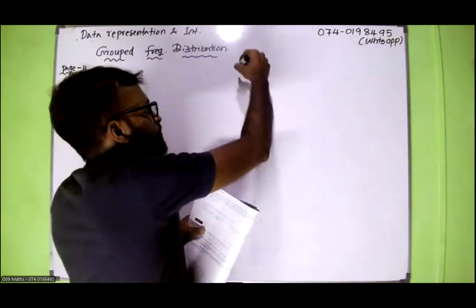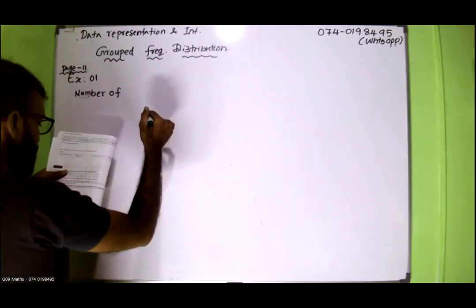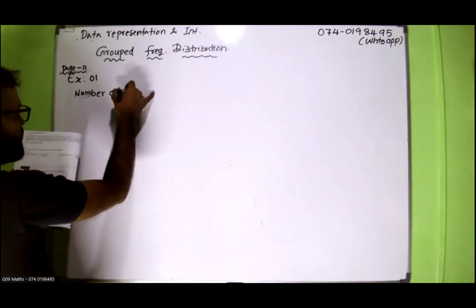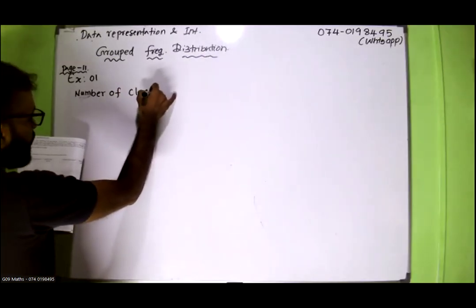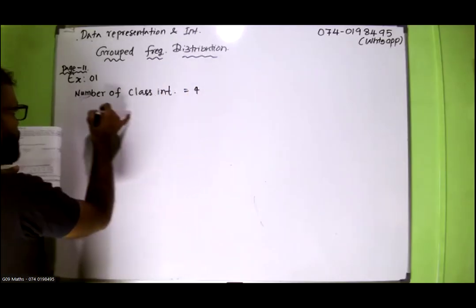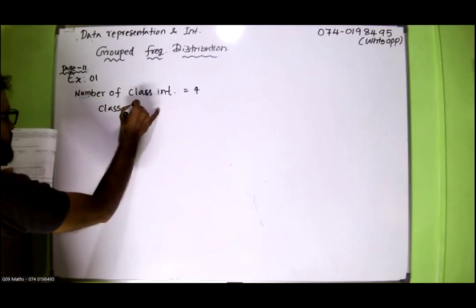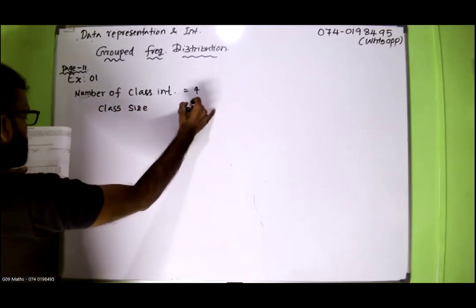You can underline or highlight the words: 4 class intervals and size 3. The number of class intervals is 4, and the class size has been given, which is 3.